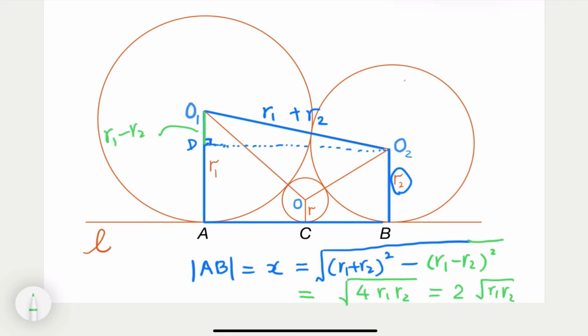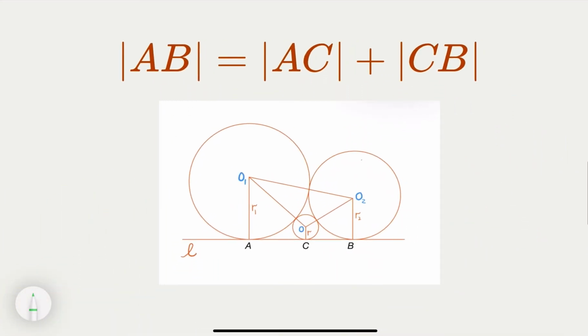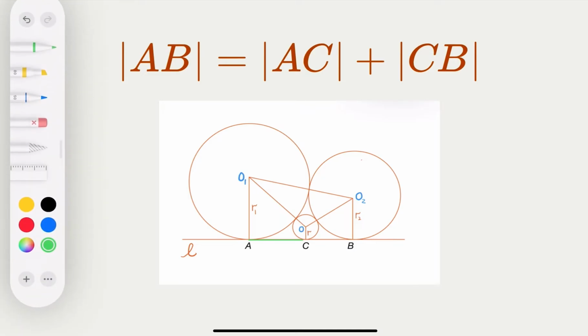Now when you look at the segment AB here, it can be divided in two parts. In other words, this segment AB is equal to the AC segment here, plus CB here, plus, let me draw another color here.